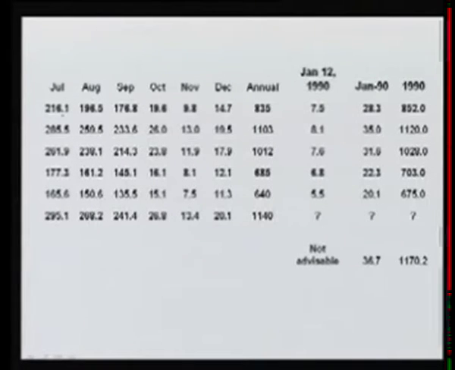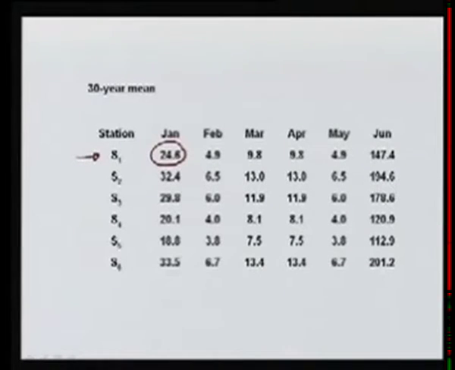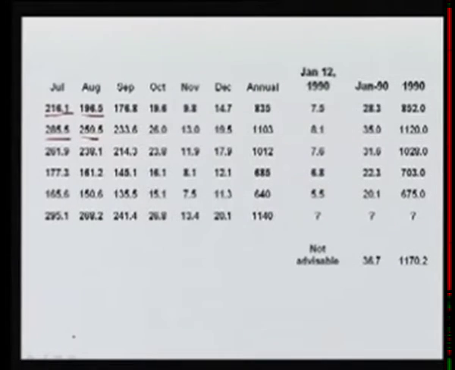we have here July. As expected, the monsoon months July, August and September also have higher precipitation compared to, let's say, the months of March, April and May. All these stations S1, S2, S3, S4, S5 and S6, based on the 30-year average, let's say we have data from the period of 1976 to 2005.